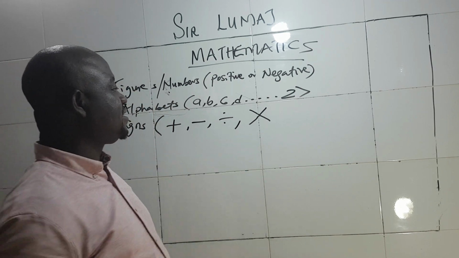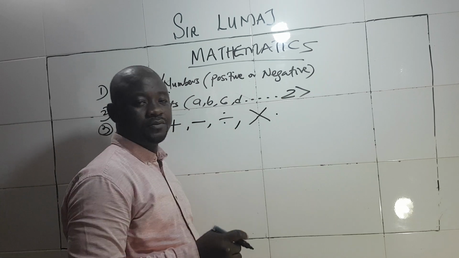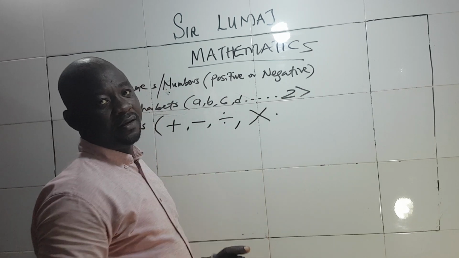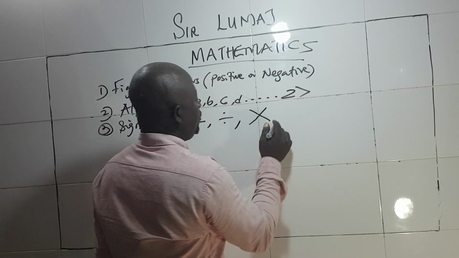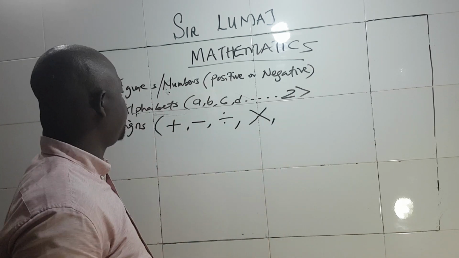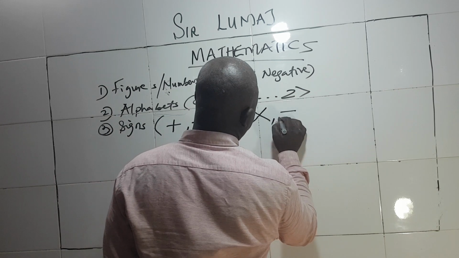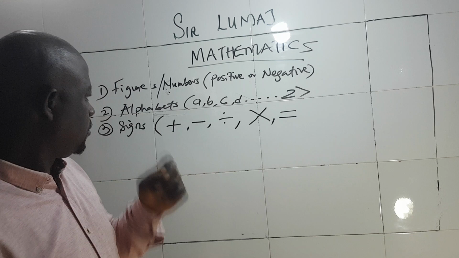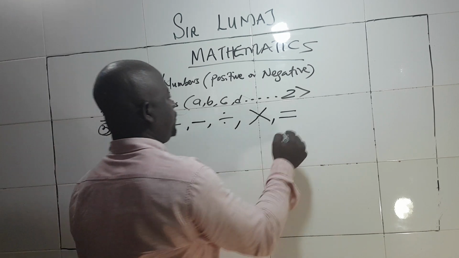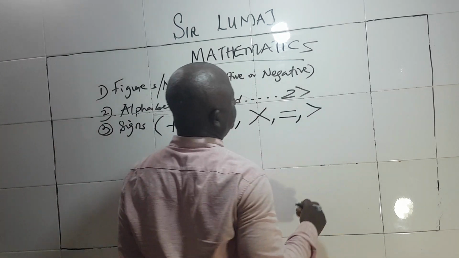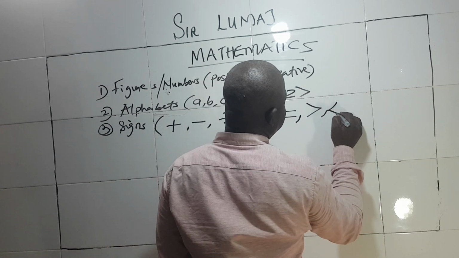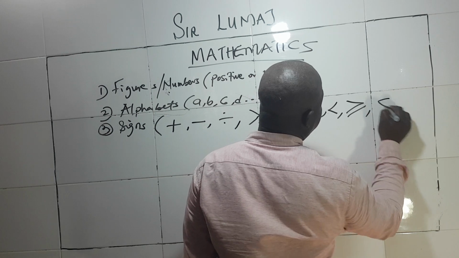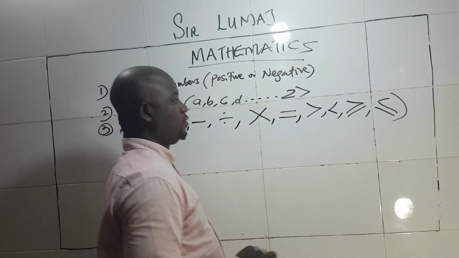In further mathematics, they can use dots to represent multiplication. You can have equal to, that is to show expressions. We have greater than, less than, greater than or equal to, less than or equal to, and so on and so forth.